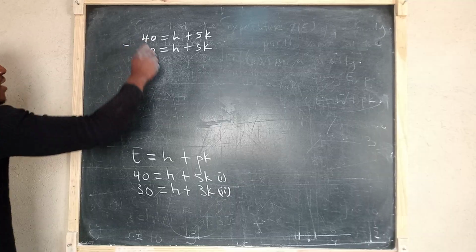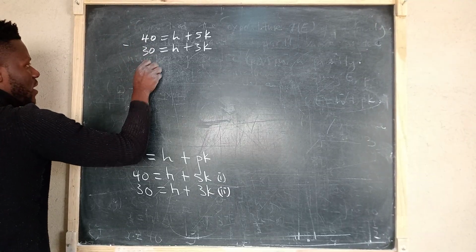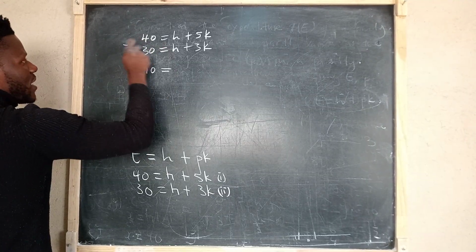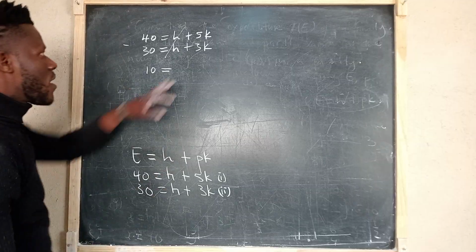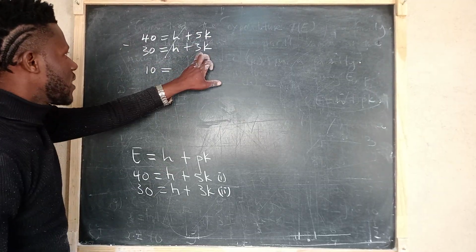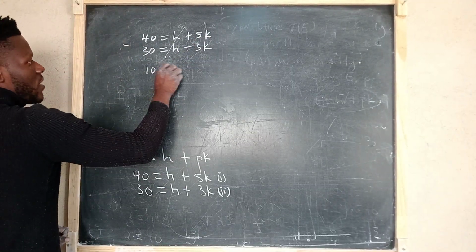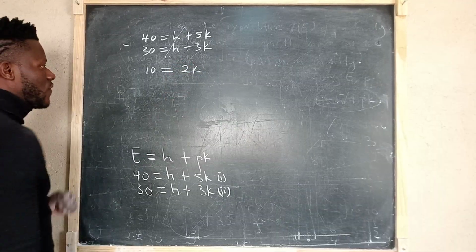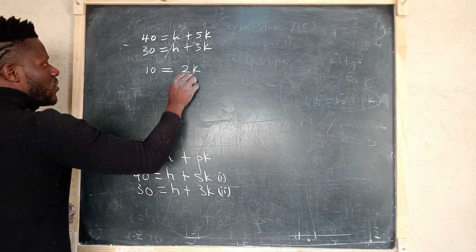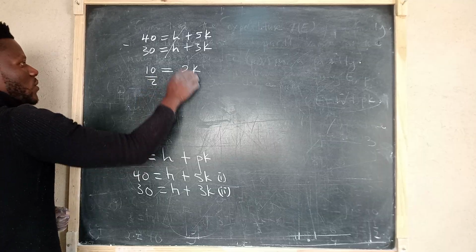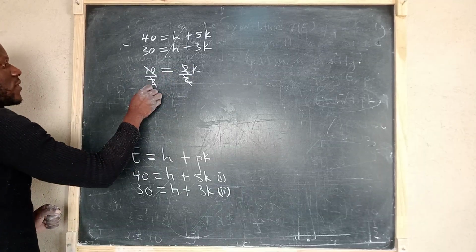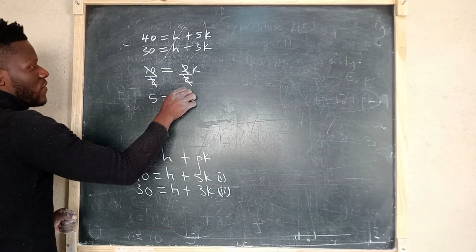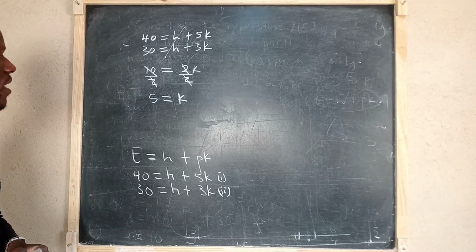Then we subtract 40 minus 30, we get 10. H minus H, 0. 5K minus 3K, we get 2K. To find the value of K, we divide both sides by 2. Now 2 into 10, 5. 5 is the value of K.